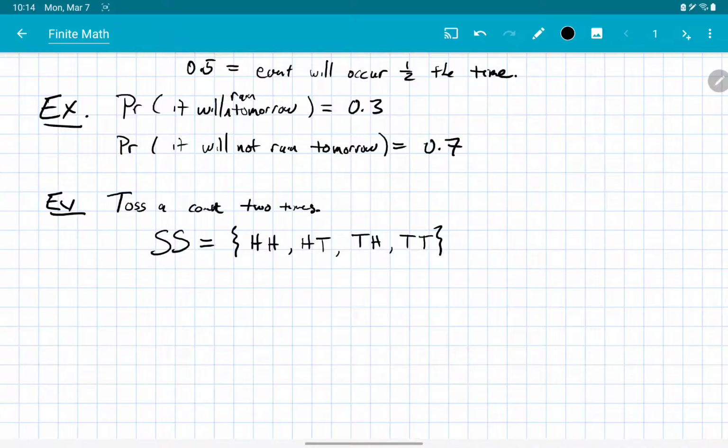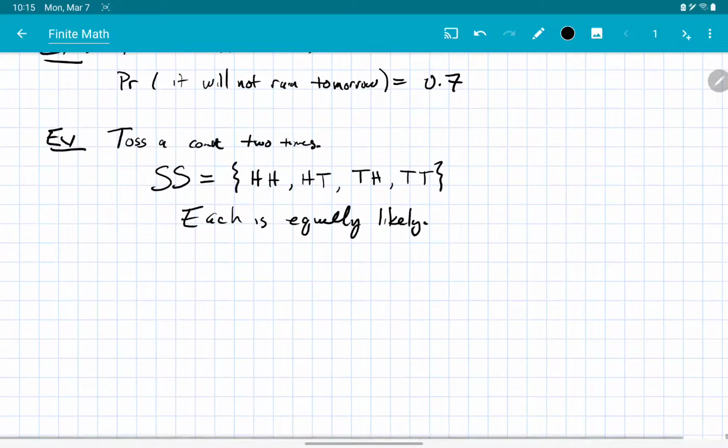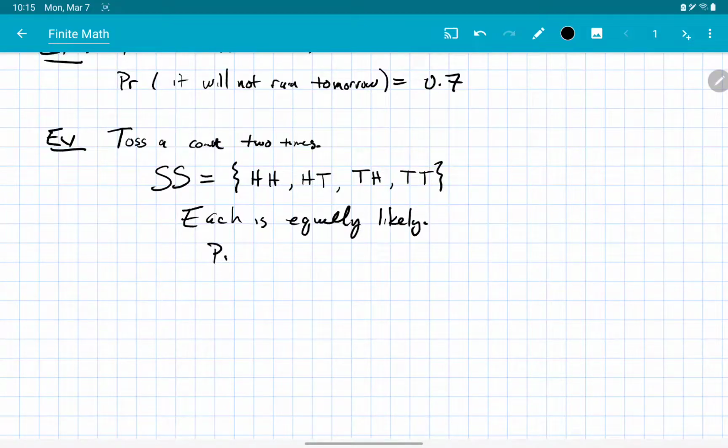Those are all the possible outcomes, the entire sample space for tossing a coin 2 times. Each of these is equally likely. So the probability of getting heads, heads is exactly a quarter. A quarter of the time you should get heads twice in a row.